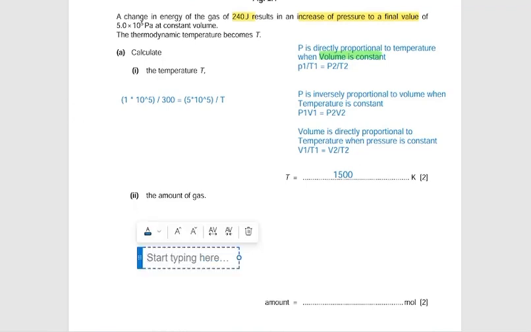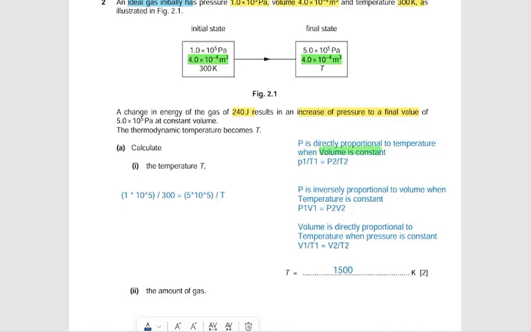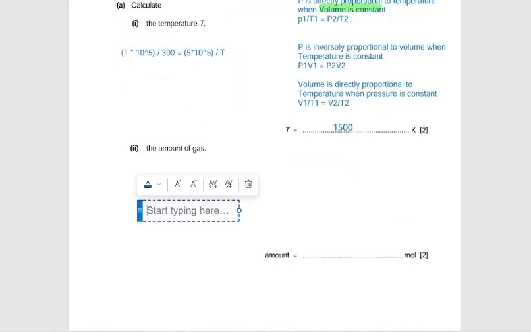For that, we have the pressure as 1 into 10 raised to the power 5 multiplied by the volume, which is 4 into 10 raised to the power minus 4. You have to ensure that the units are right as well. It has to be in meter cube.